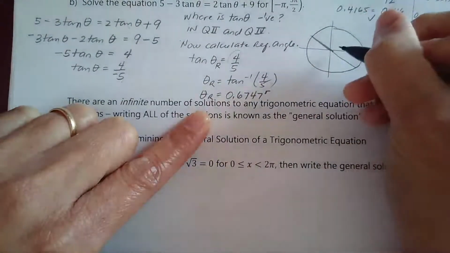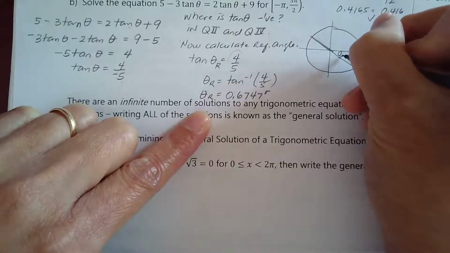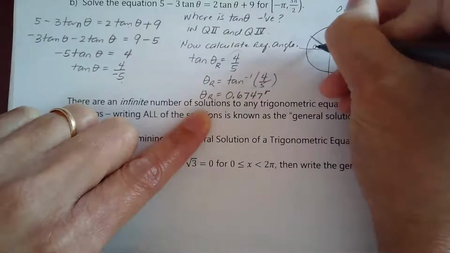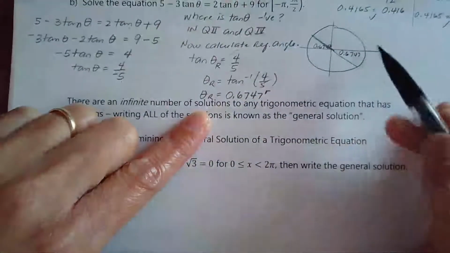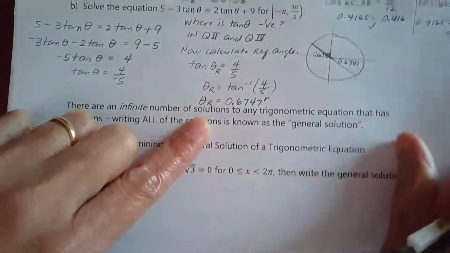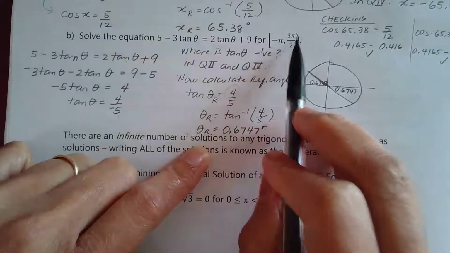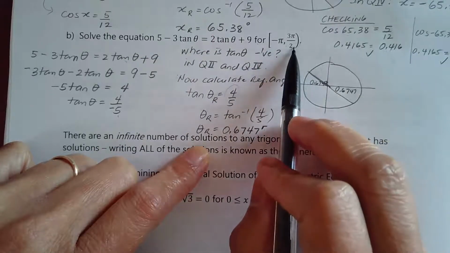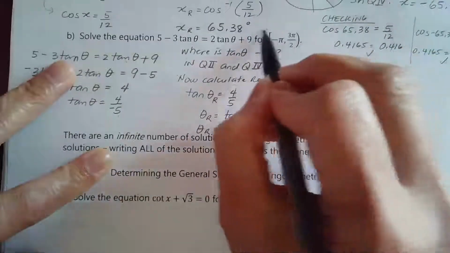Our reference angle is 0.6747. So we've got to go back and see what the interval says. Okay, we want to go from negative pi to positive 3 pi by 2. It's such a weird interval. So how do we do that?